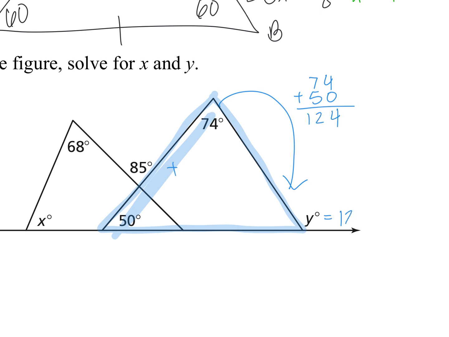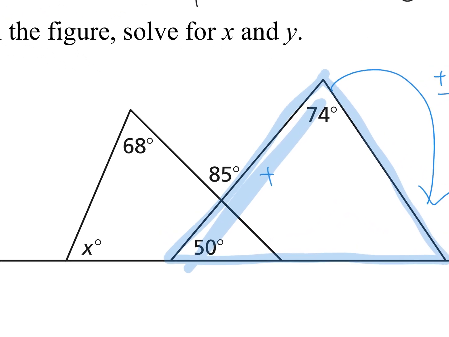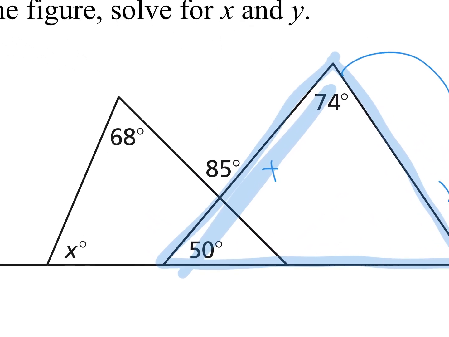Y equals 124. All right, now that I did that, how do I solve for x? I have to find something else before I can solve for x. What do I have to find?